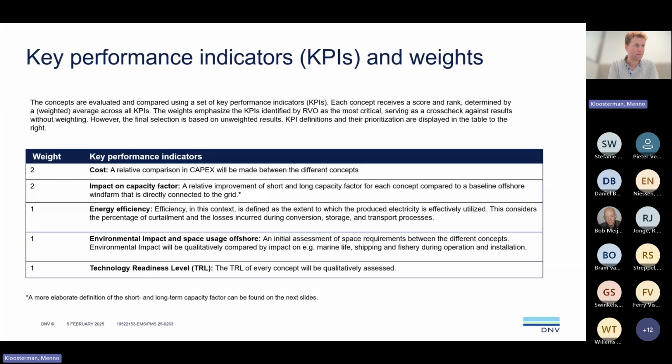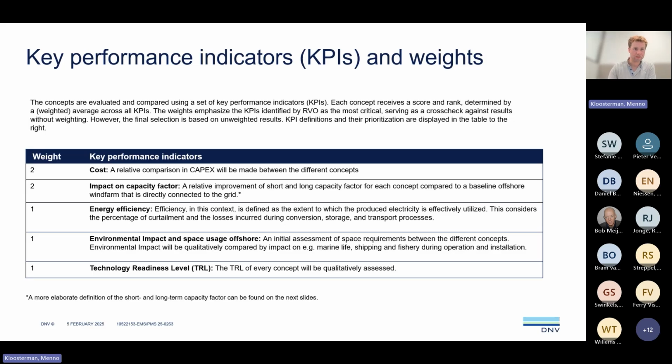Another one is environmental impact and space use offshore. Do we need a lot more space in the already tight North Sea, for example? That could result in a low score there. Finally, the technology readiness level was assessed in a more qualitative way.